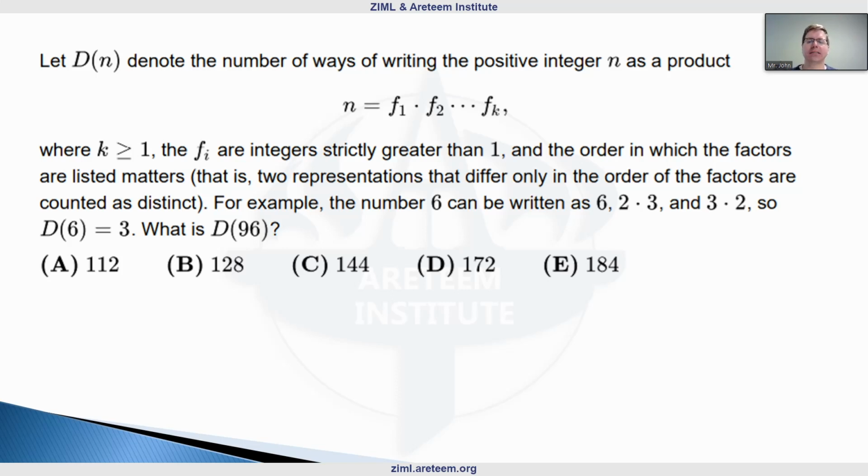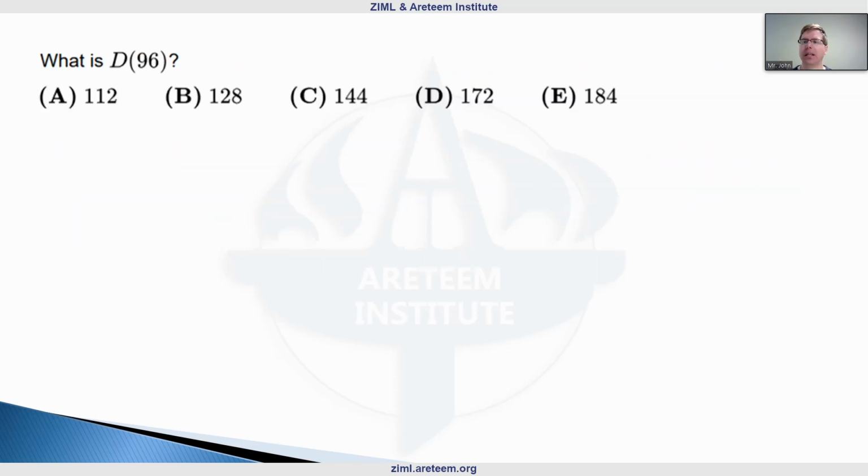So we're asking how many ways can we write 96 as the product of positive factors, where the order of the factors matters. Let's start diving into the problem. We're looking at d of 96. This is a counting question, but it also involves number theory, right?